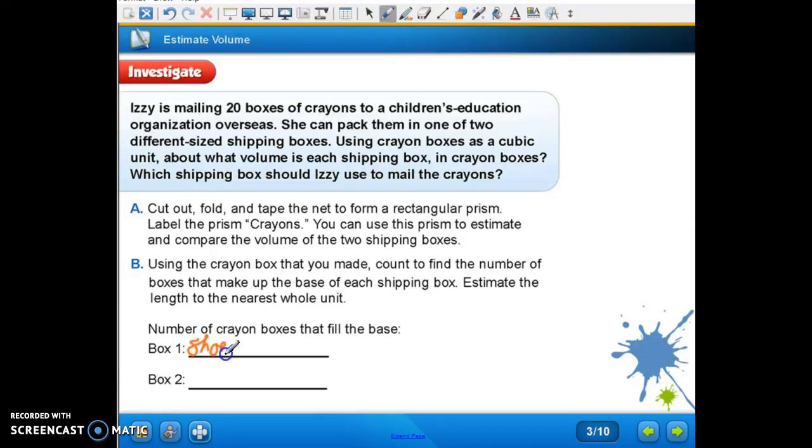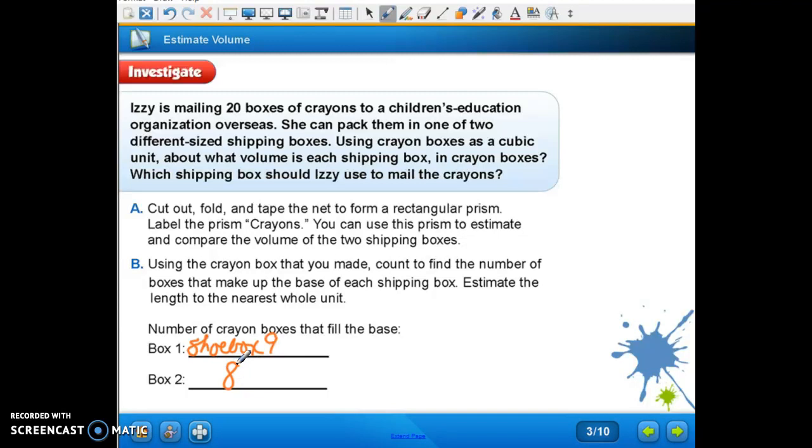How many are in the bottom layer? There were 9. How many are just the bottom layers? All I need to know. 8 in the other box. There are 8 in the other box.